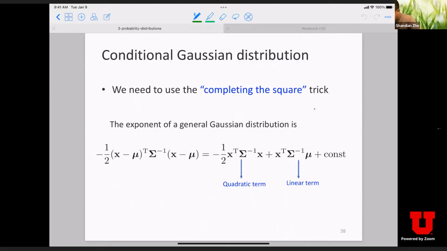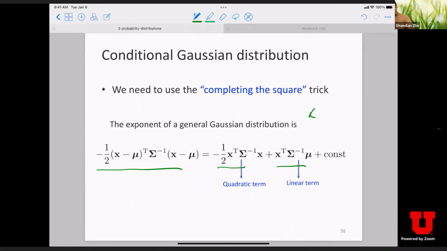So first, let's look at the general form of the multivariate Gaussian distribution. If we look at the exponential term, the power, note that it actually is a quadratic term. And if we expand this quadratic term, we find that it can be written as two terms related to x plus some constant.